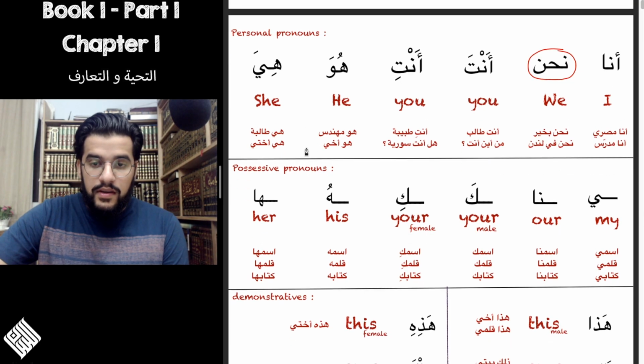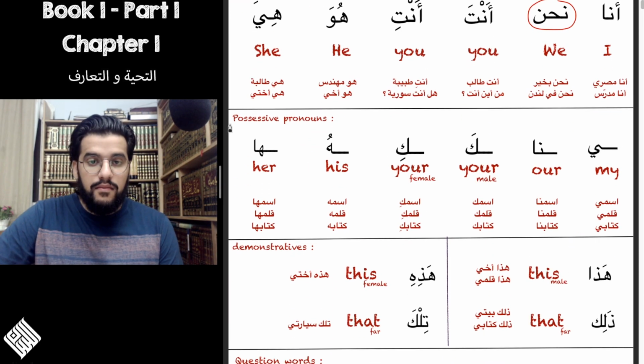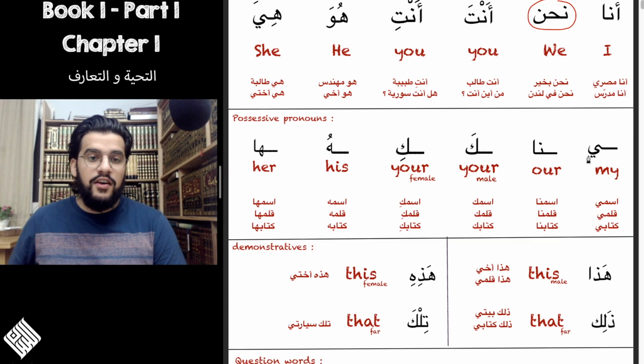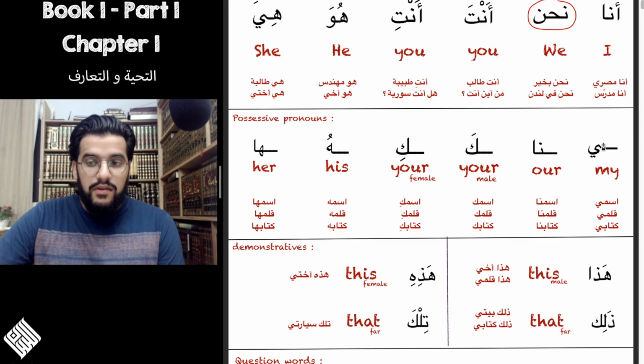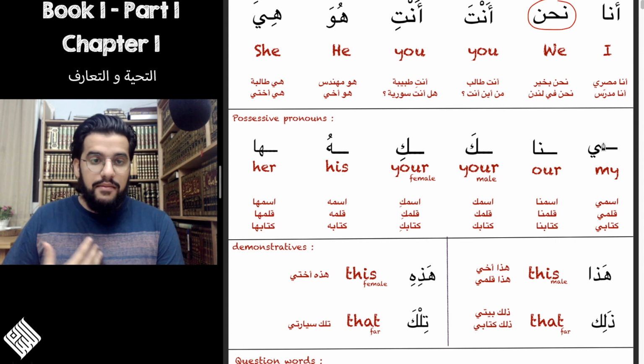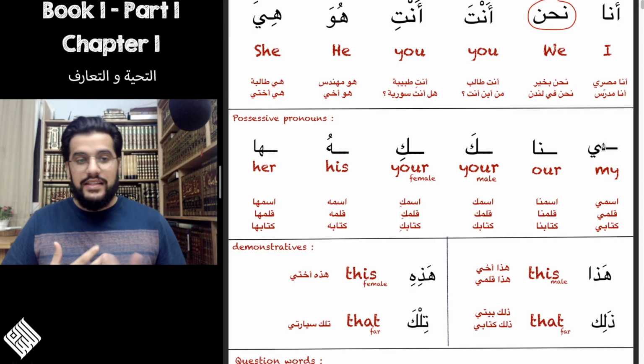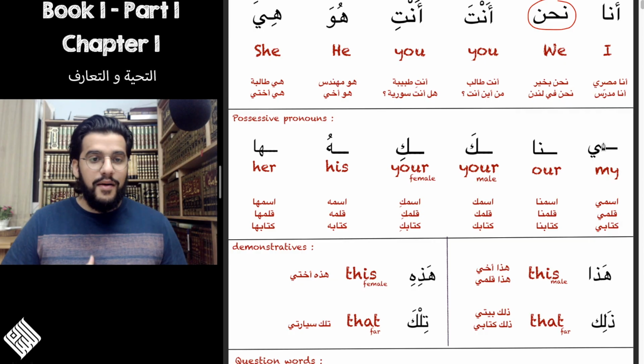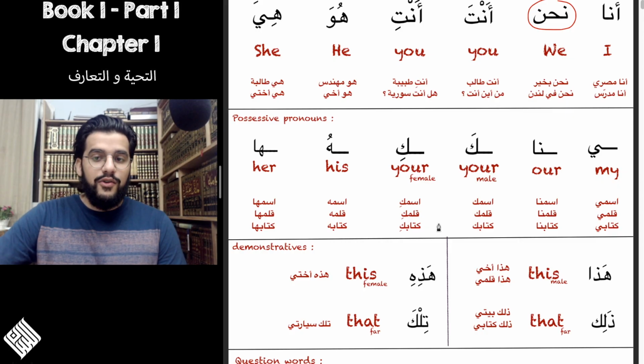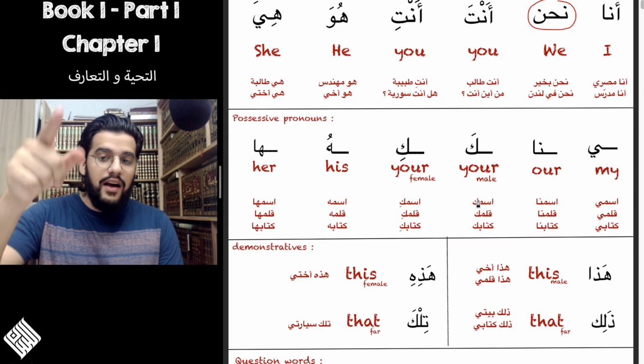Alright, and in the bottom here we have some very important pronouns, possessive pronouns like my, our, your, his, her. So the ya, as we said before, it means my: ismi, qalami, kitabi. And the na is our: ismuna, qalamuna, kitabuna, baytuna, rabbuna. And ka, of course, same thing, but for your, for male: ismuka, qalamuka.